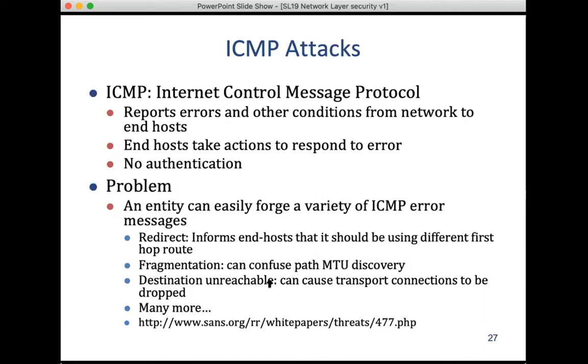You would have seen this message very often in normal use. So what does it mean? If some switch in between can create this message and send it to a number of sources saying the destination is not reachable, then they will stop communication in some sense.